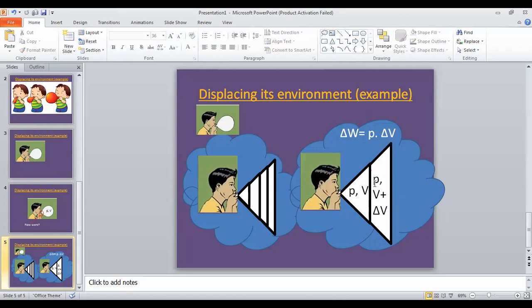So this balloon enlarging pushes the surroundings by delta W and finds its way to look for space for the balloon.